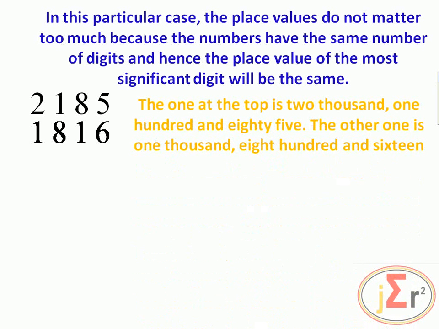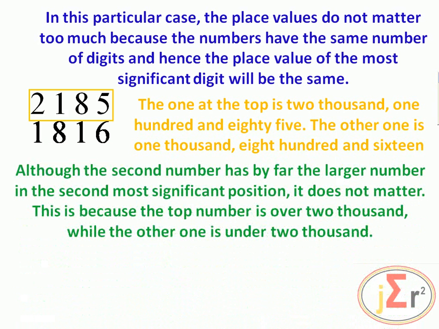The one at the top is 2,185. The other one is 1,816. Although the second number has by far the larger number in the second most significant position, it does not matter. This is because the top number is over 2,000, while the other one is under 2,000.